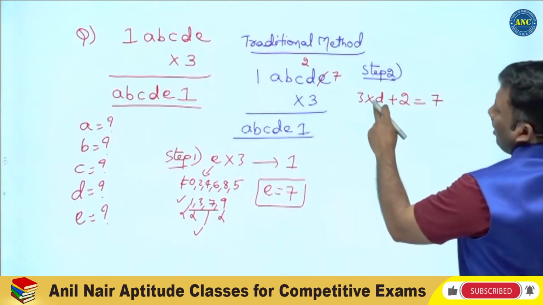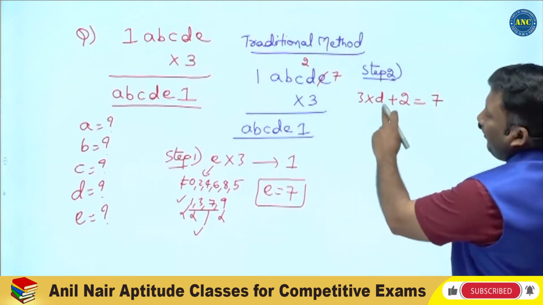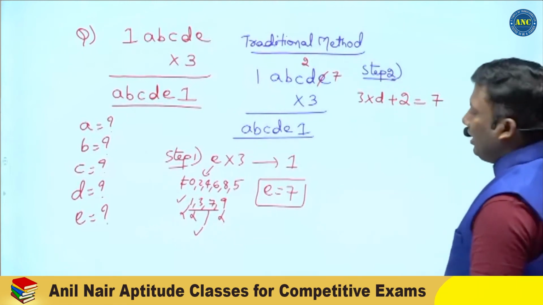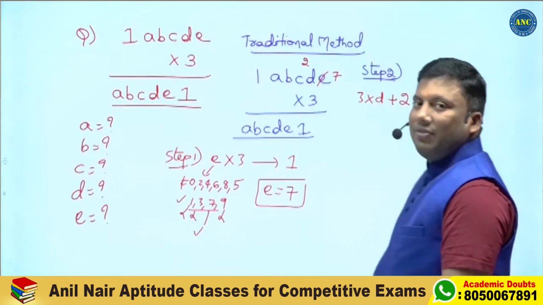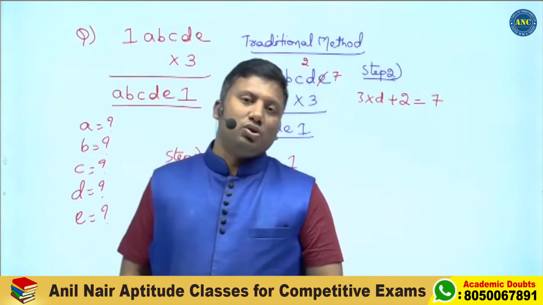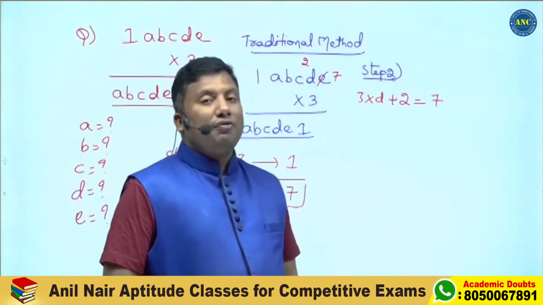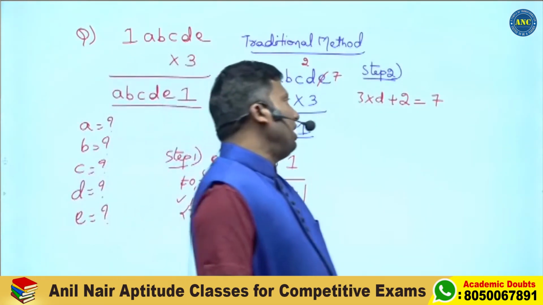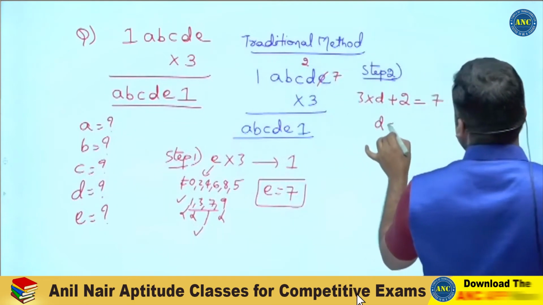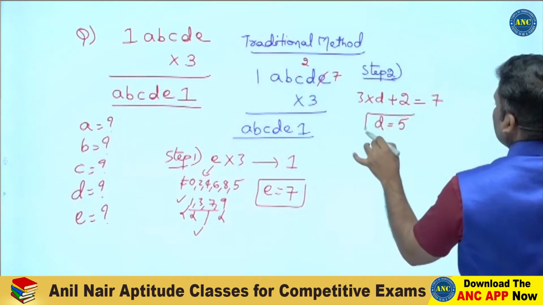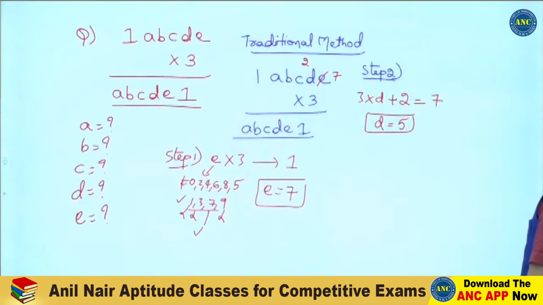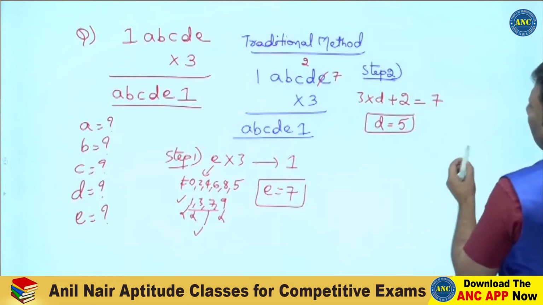D if I take 1, 3 plus 2, 5. D if I take 2, 6 plus 2, 8. D if I take 3, 3 3s are 9, 9 plus 2, 11. D if I take 4, 12 plus 2, 14. D if it is 5, 3 5s are 15, 15 plus 2, 17. So the D value is 5.